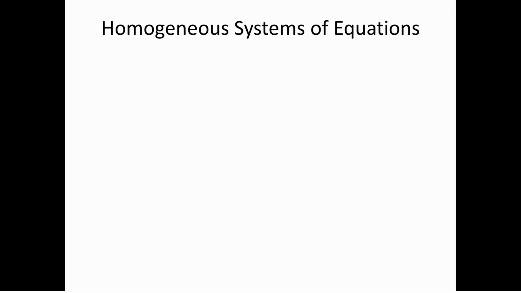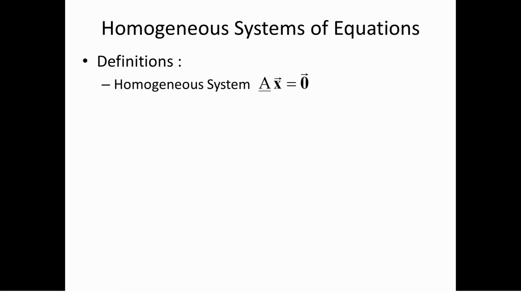Okay. Now, in these proofs that we're going to do, we're going to have to use some properties of homogeneous systems of equations. So first of all, what is a homogeneous system of equations? Well, it's basically any linear system where the right hand side, or that is the B vector, is equal to 0. Okay?